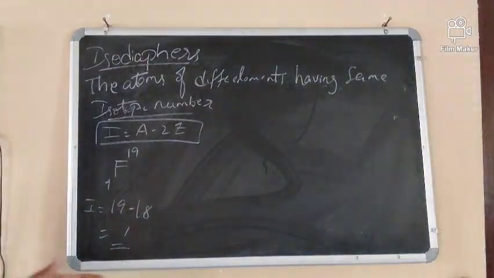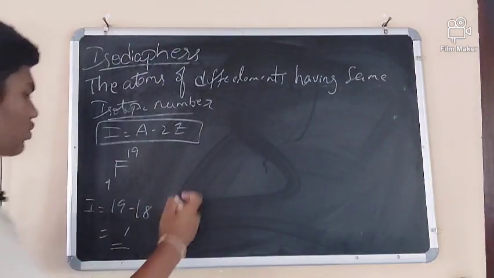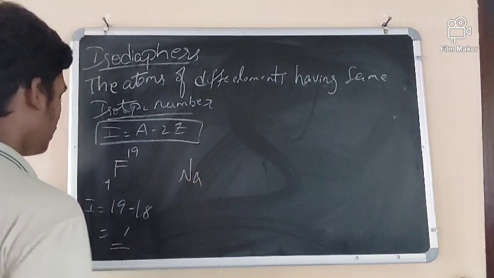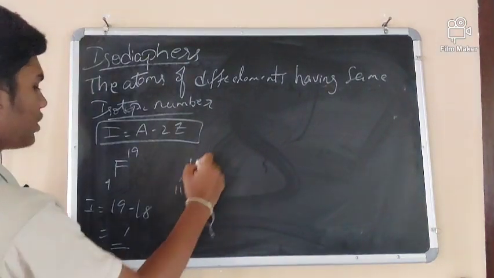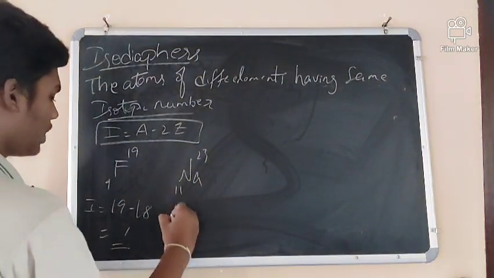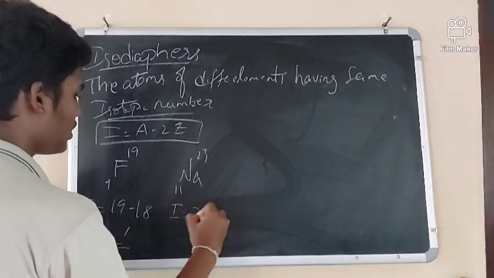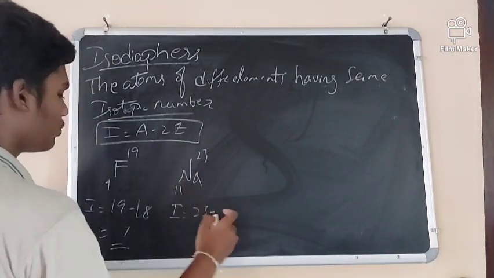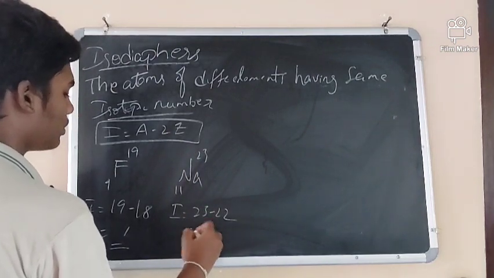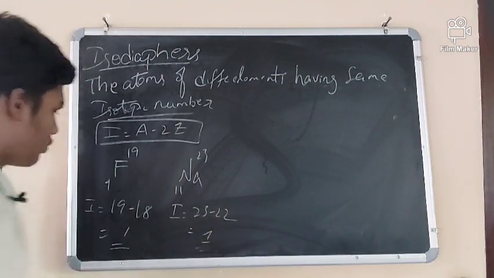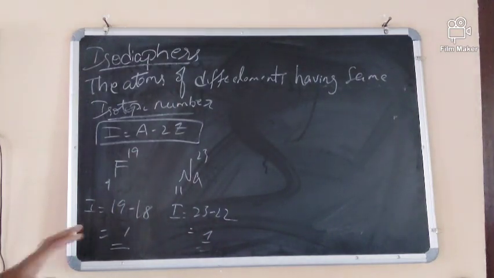Isotopic number of fluorine is 1. When we take sodium, having atomic number 11, atomic mass 23, the isotopic number is 23 minus 11 into 2, which is 22, so 1. So fluorine and sodium having the same isotopic number are called isodiaphers.